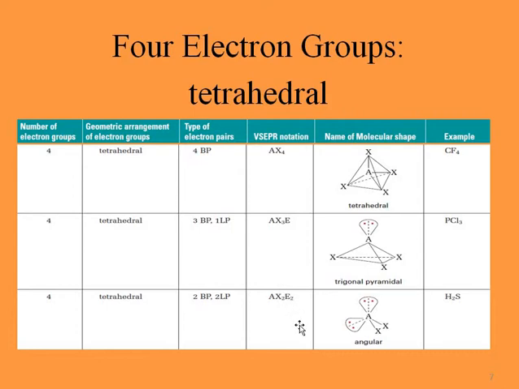Here we have no lone pair and 4 bonding pairs, and so on. So we have tetrahedral, trigonal pyramidal, and angular when we have 2 lone pairs and 2 bonding pairs. So we have 3 different shapes for tetrahedral. The examples are CF4, PCl3, and H2S.